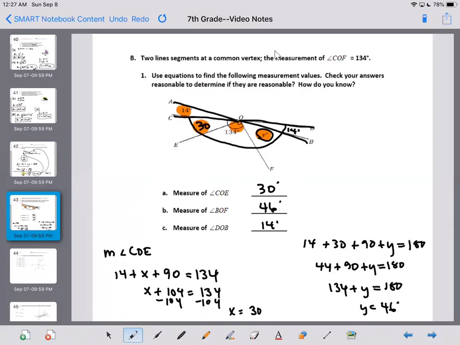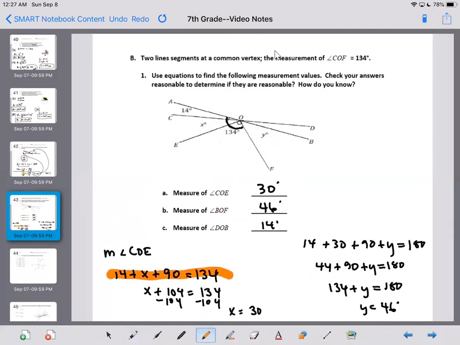And so you're just trying to find angles that will complete that 180 straight angle. First off, just to back up there, we knew that all three of those equaled 130. That's what we did here.